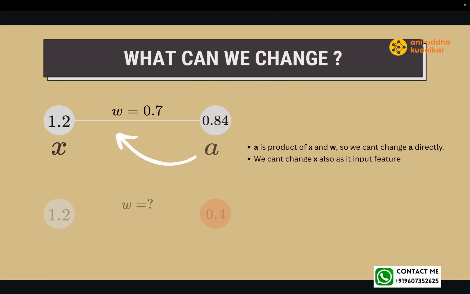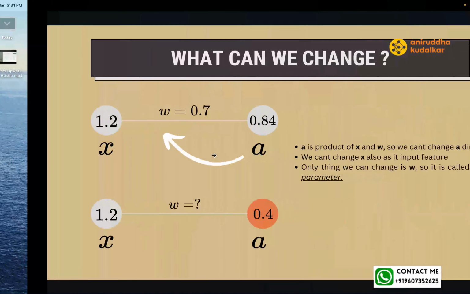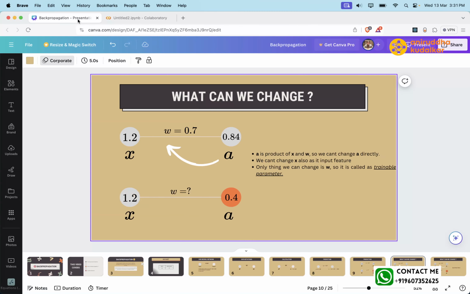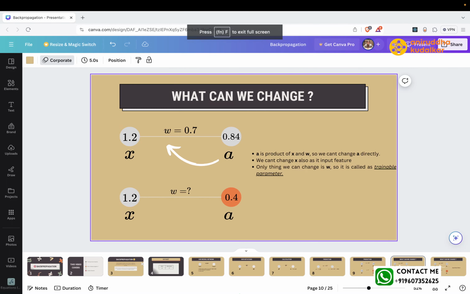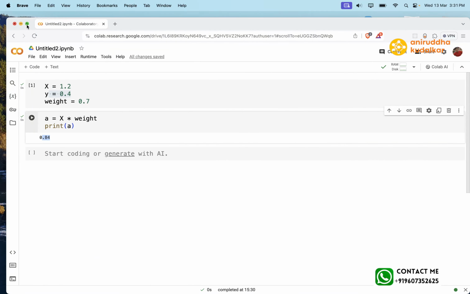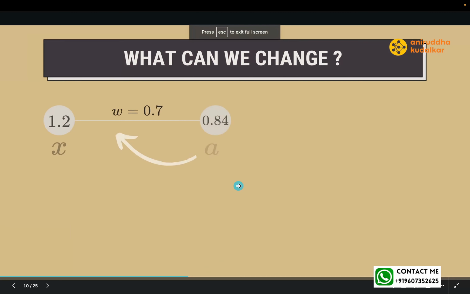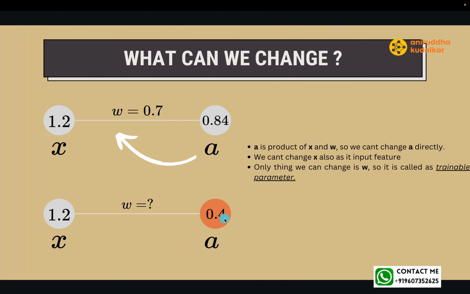Now what I want to do is change A to 0.4.